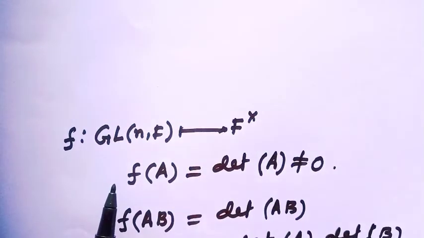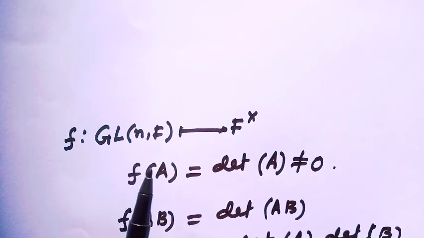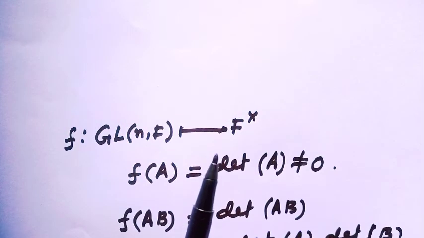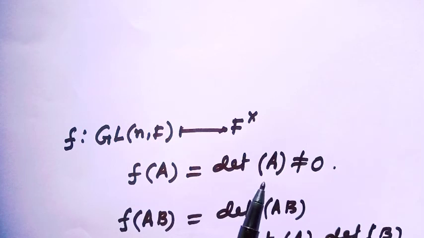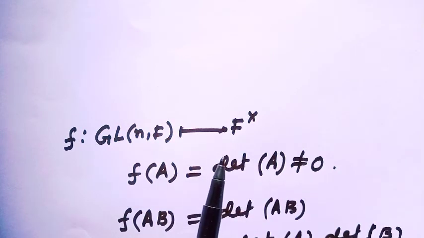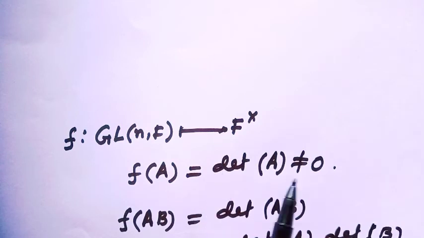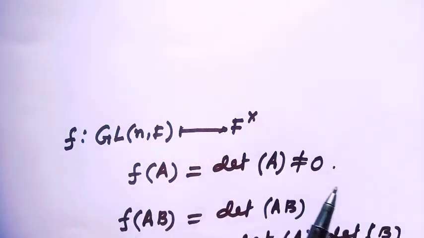Now consider some more examples of homomorphism. f is a mapping from the set of all n cross n matrices over the field F to the non-zero elements of the field by f of A equal to determinant of A. Since the set of all n cross n invertible matrices is here, the determinant will be not equal to 0.